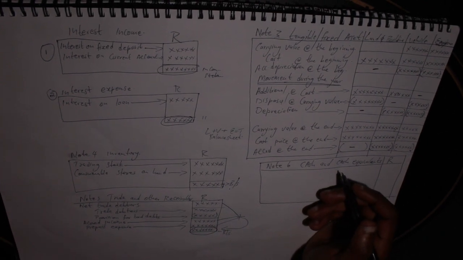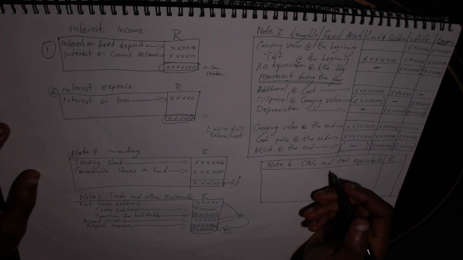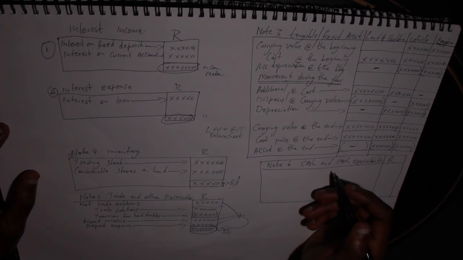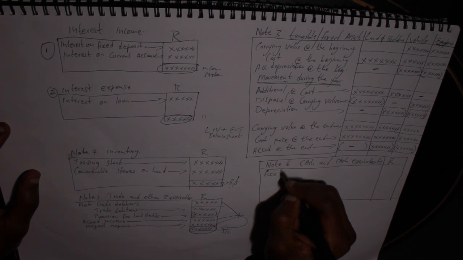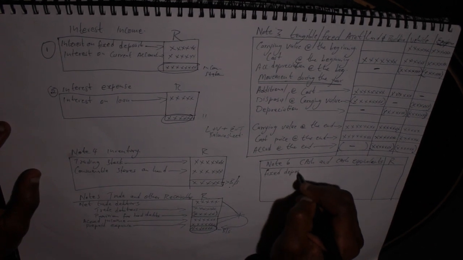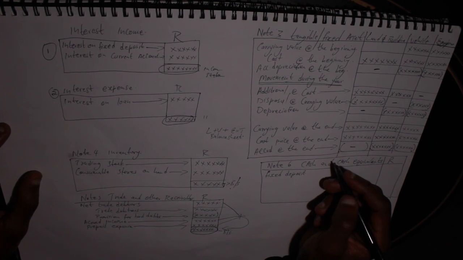On cash and cash equivalents, we are focused on cash items. At this moment we have a fixed deposit. What kind of fixed deposit is this?